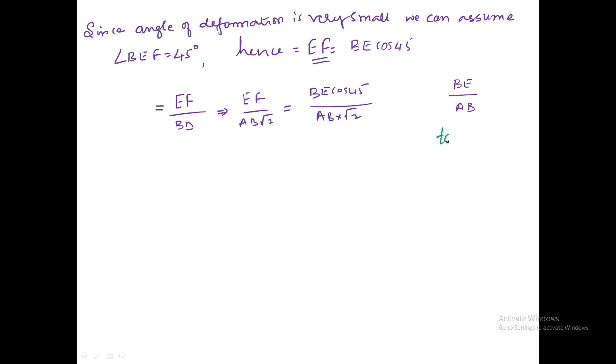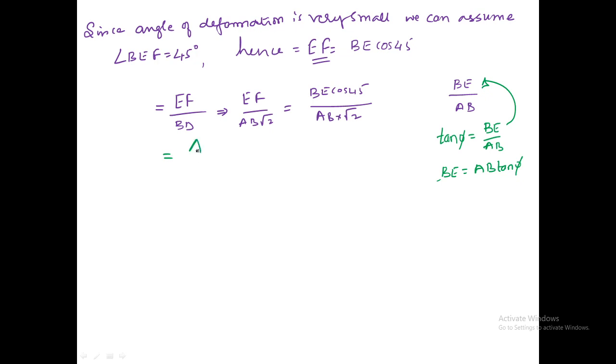So now look here. Tan phi equal to BE divided by AB. What you need is BE now. So BE equal to what? AB into tan phi. Now let us substitute back here.